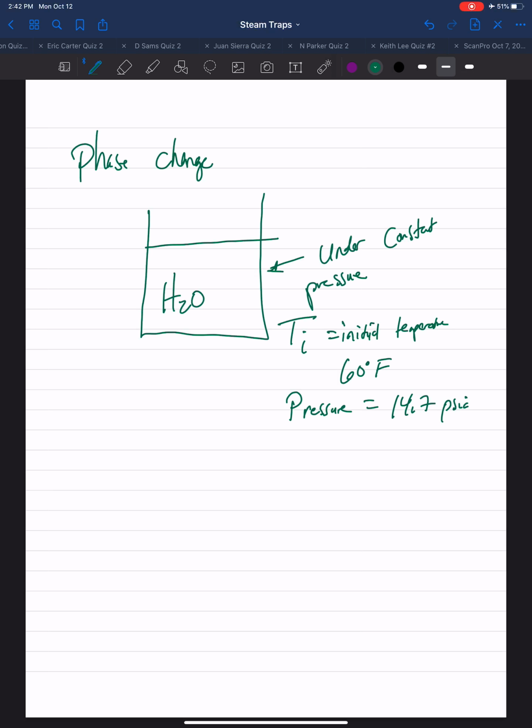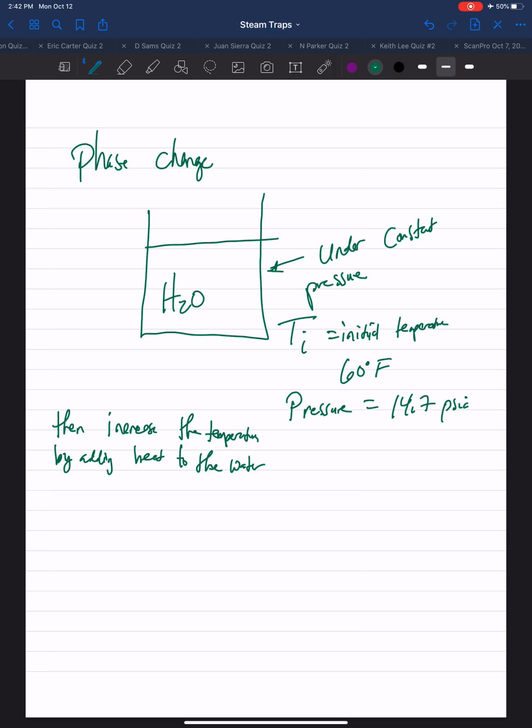And then say we then increase the temperature by adding heat to the water. So we're under constant pressure, we're going to add heat to the water in this cylinder.